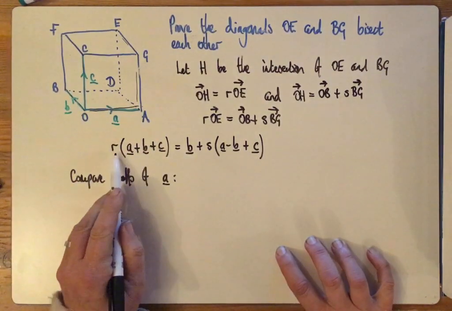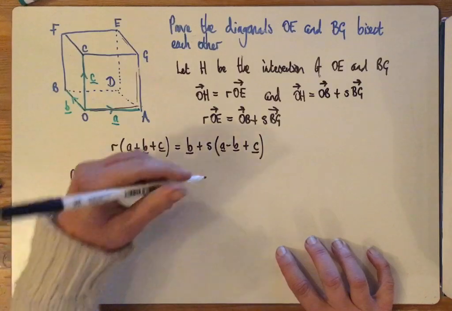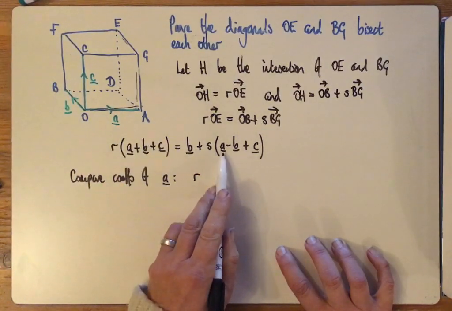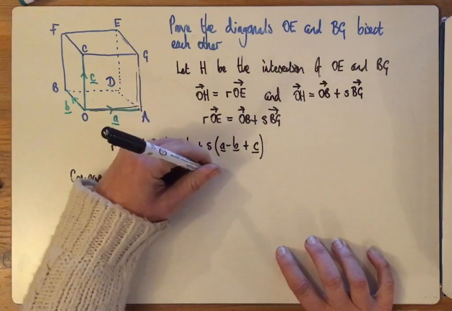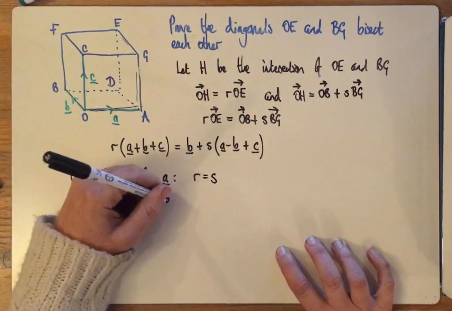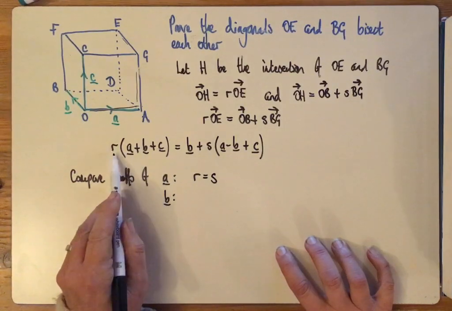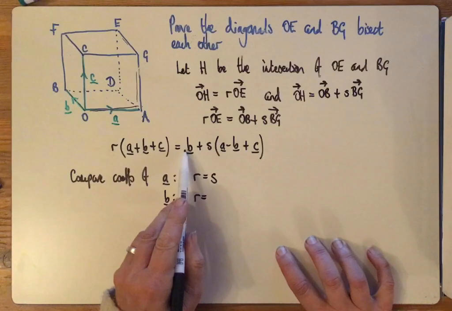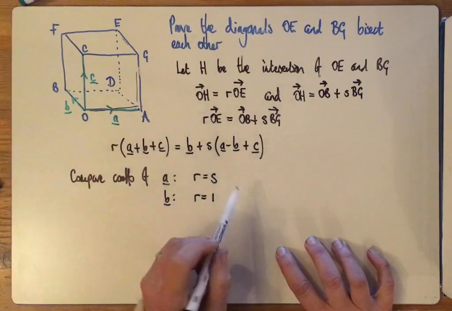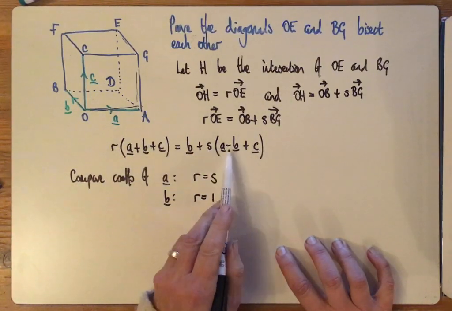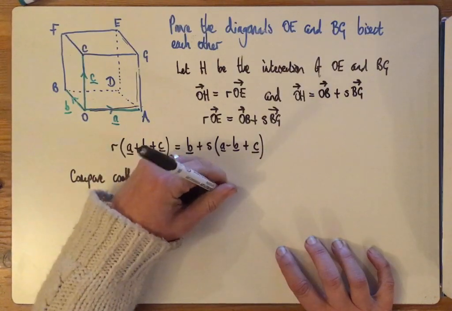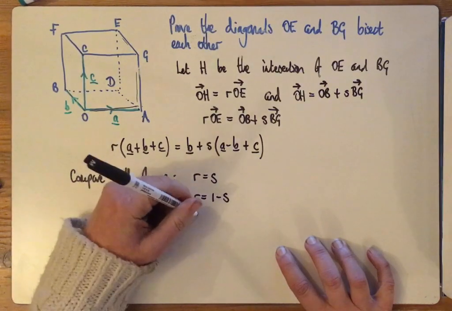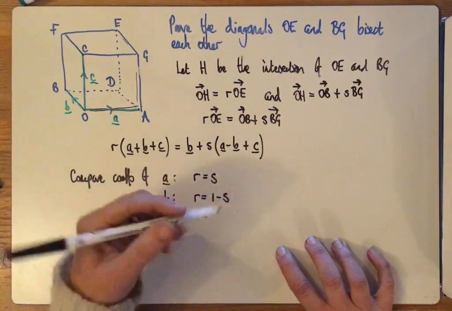On the left-hand side, I've got R lots of the vector A, and on the right-hand side, I've got S lots of the vector A. So R is equal to S. Doing the same for B, on the left-hand side I've got R lots of B. Here I've got 1 lot of B, and here I've got minus S lots of B. And for C, I've got R lots of C is equal to S lots of C.